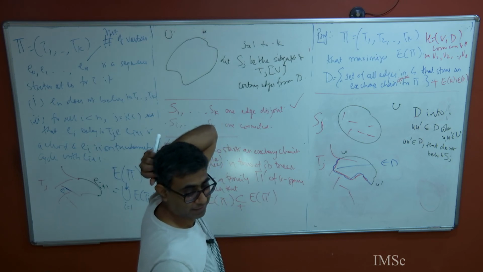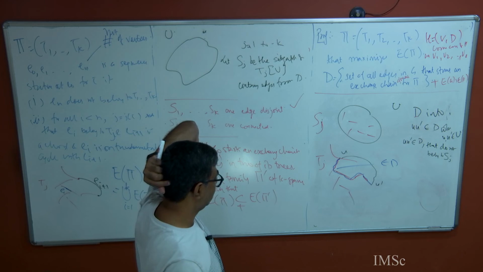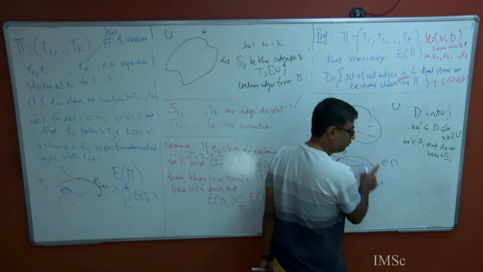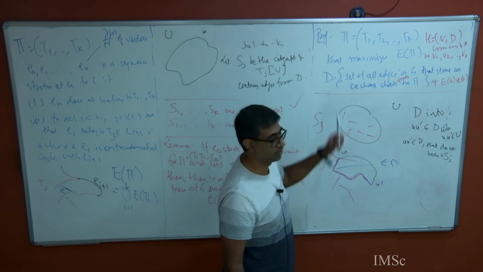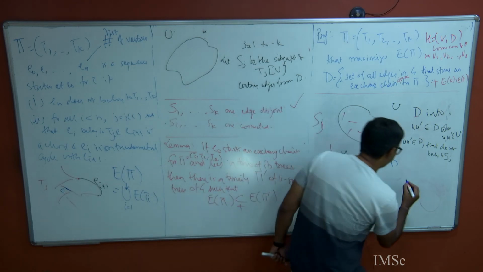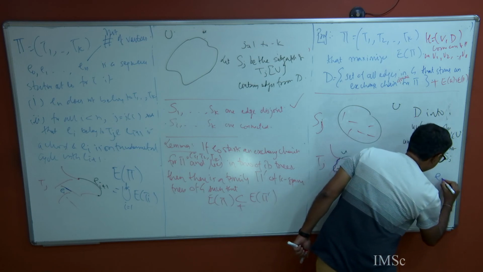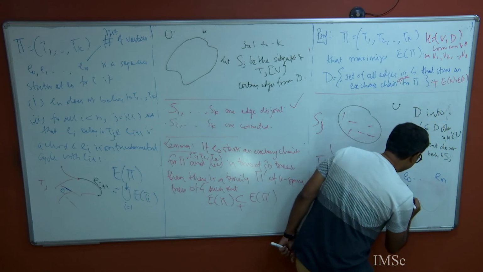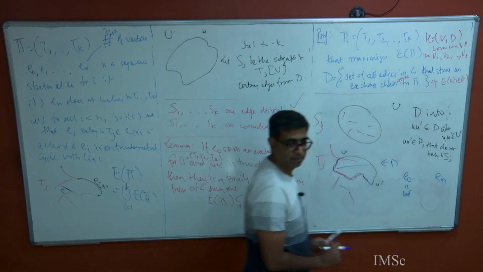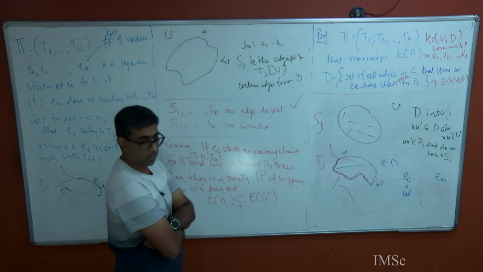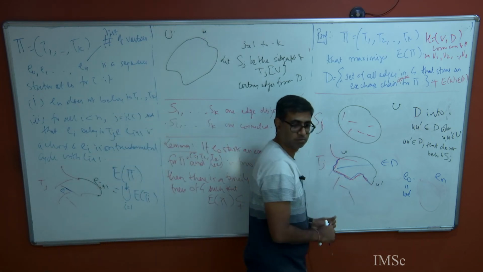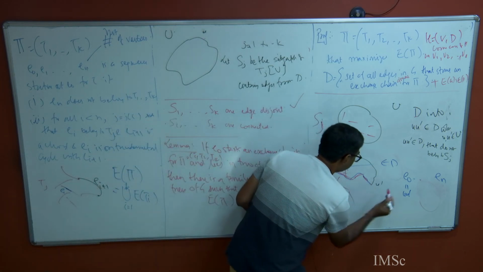We haven't used the fact that these and setup. So look at why u prime is in D: because there is an exchange chain starting at this, right? So there is an exchange chain E0 to En, where E0 is u prime. Now look at any edge on this path.